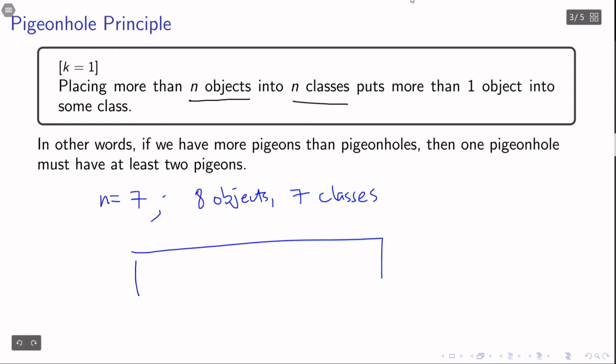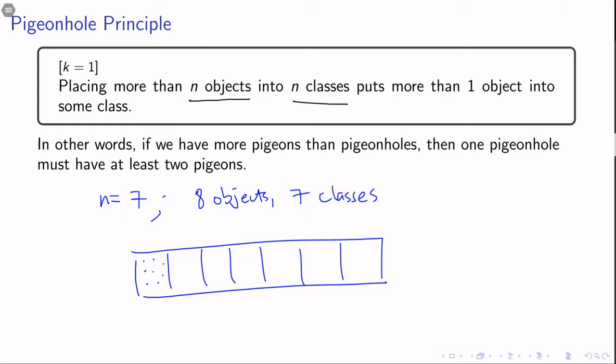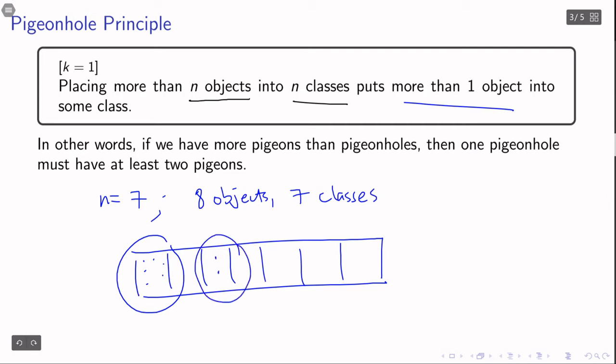It's entirely possible that among these 7 classes, all 8 objects fall into one class, right? That doesn't contradict the statement. This class has more than one object, but it's possible we can have 2 classes that have more than one, right? It doesn't matter. All the statement says is that one class has more than one.